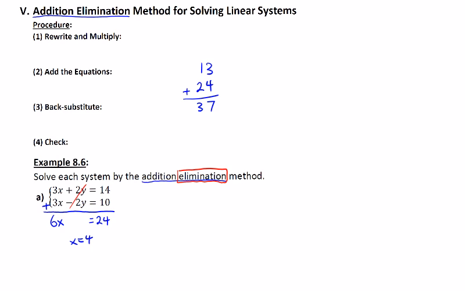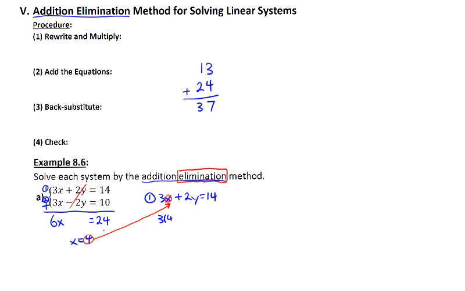Now we need to go into the back substitution step. So now we're on to step number 3. Now for back substitution, I'm going to go ahead and label these as equation 1 and 2. It should not matter which equation you plug it into. If I go equation number 1, 3x plus 2y equals 14, and I substitute the 4 in for the x here, I should be able to calculate the y.